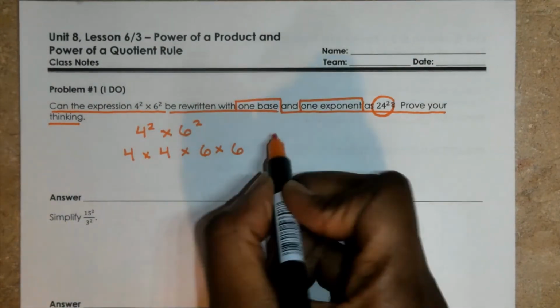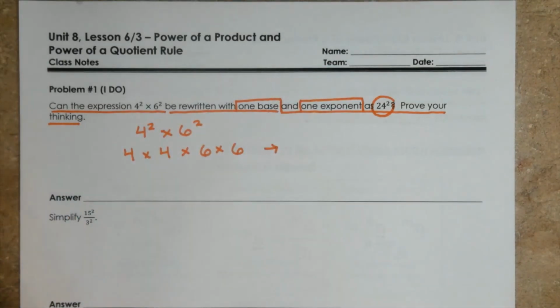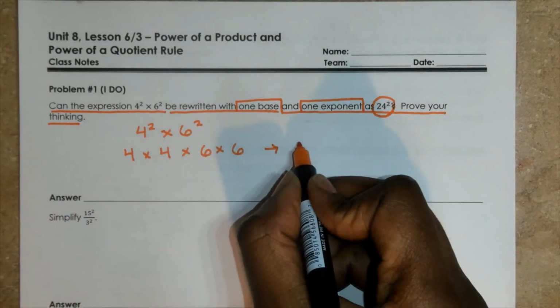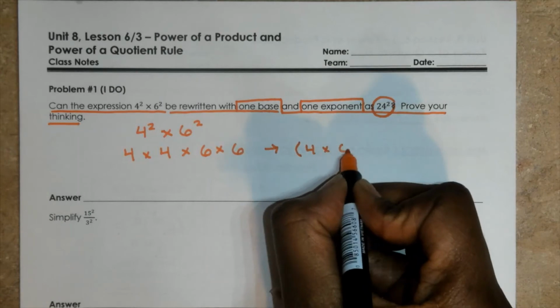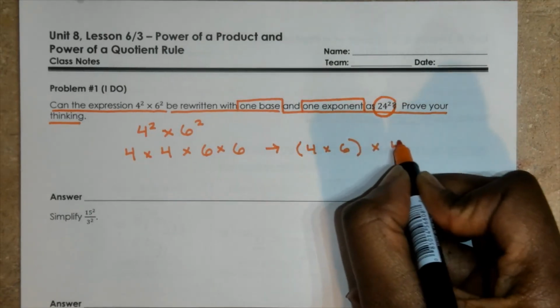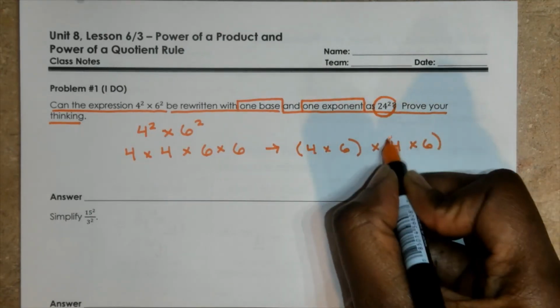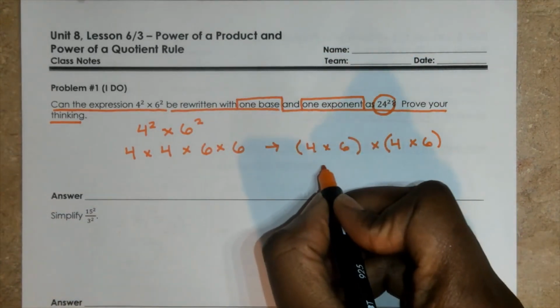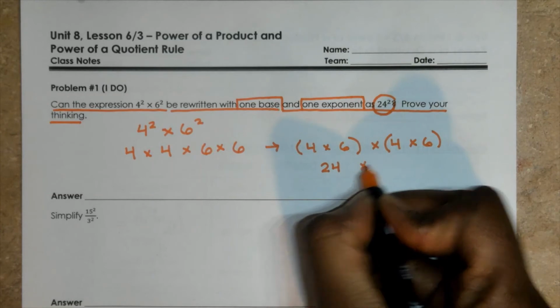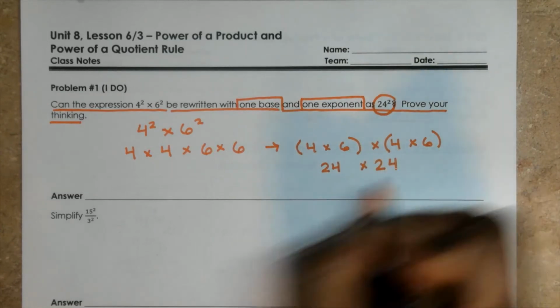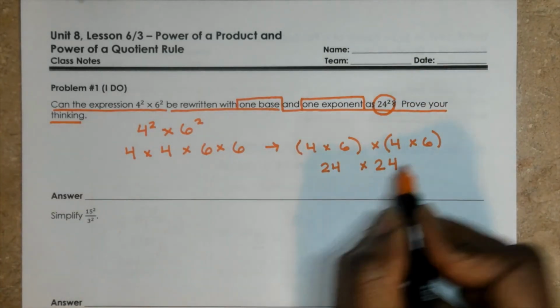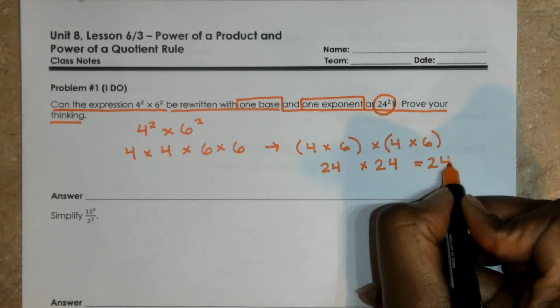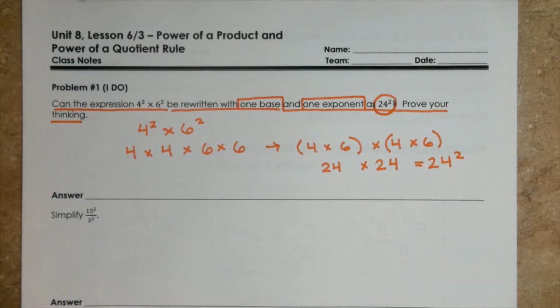And then I can rearrange this. So it says 4 times 6 times 4 times 6. And I know that 4 times 6 is 24, 4 times 6 is 24, and 24 times 24 is 24 to the second power.